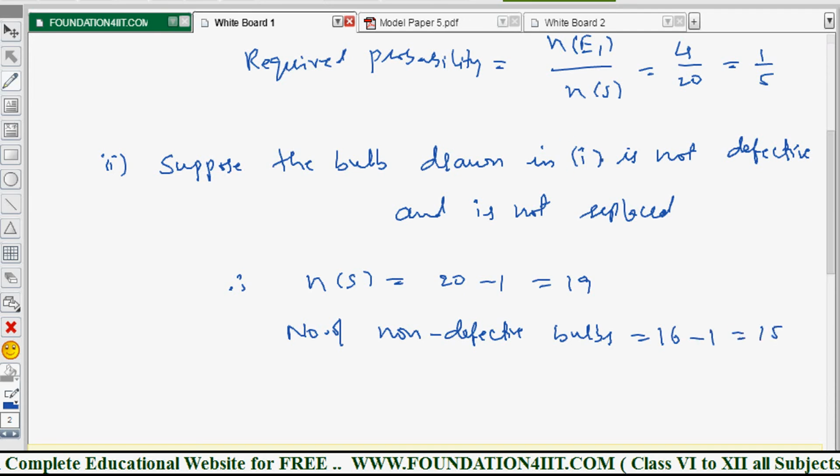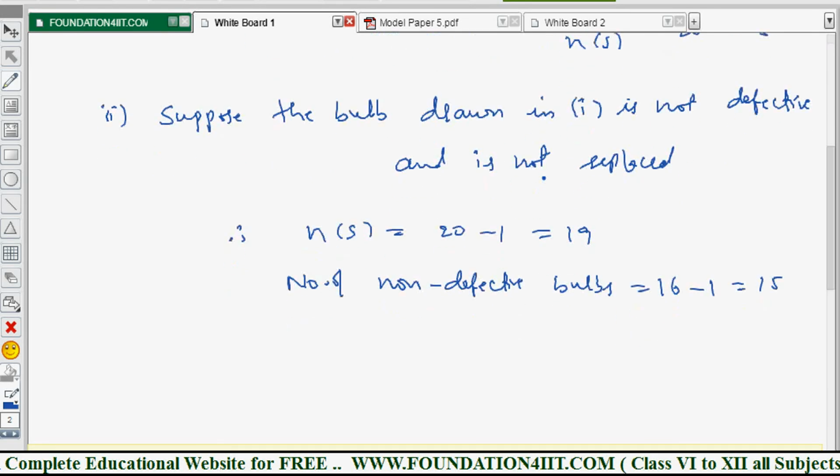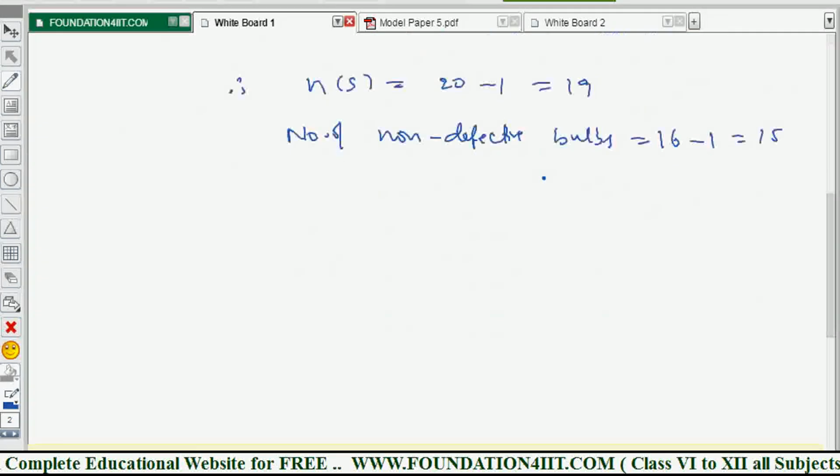Since the bulb drawn is not defective and not replaced, the required probability for the second bulb is: the remaining is 19, and in that 15 are non-defective. So 15 by 19.